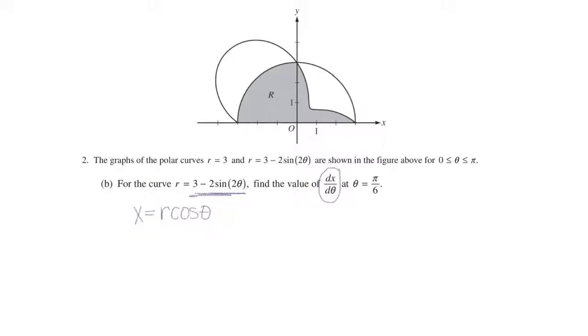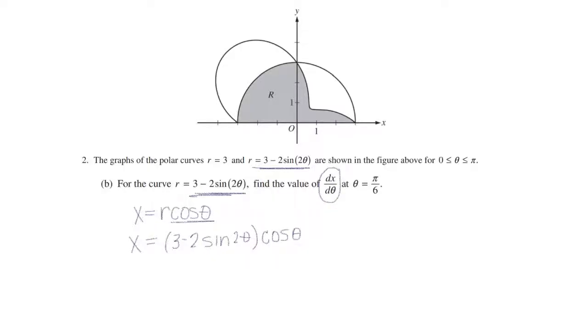So we have x equals our r value right here, 3 minus 2 sine 2 theta, times cosine theta.